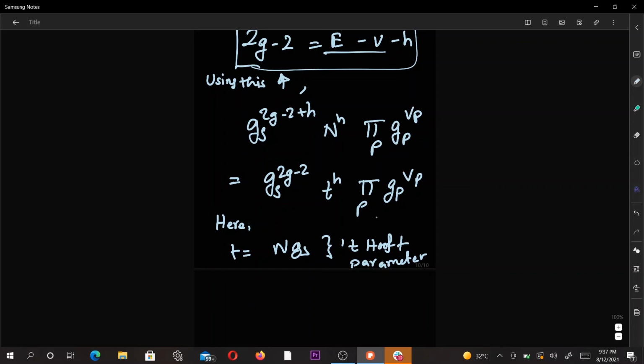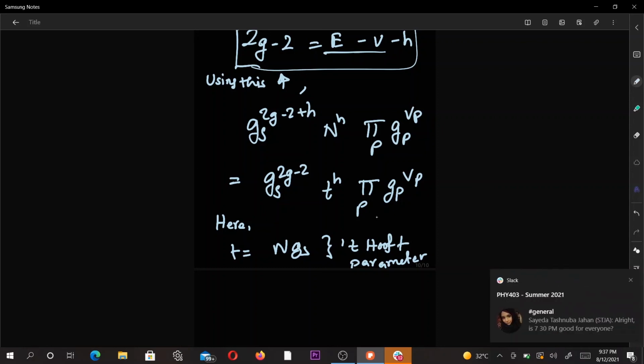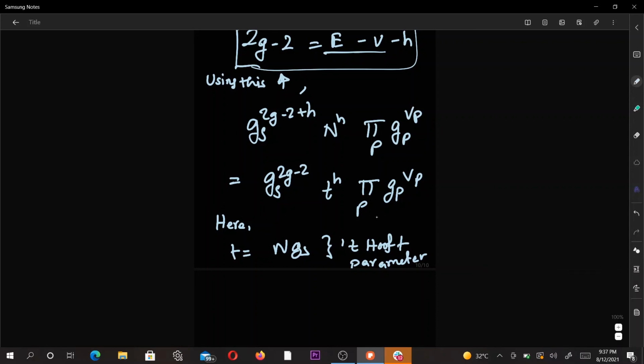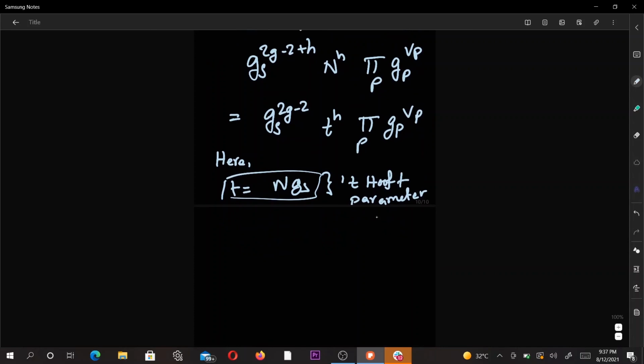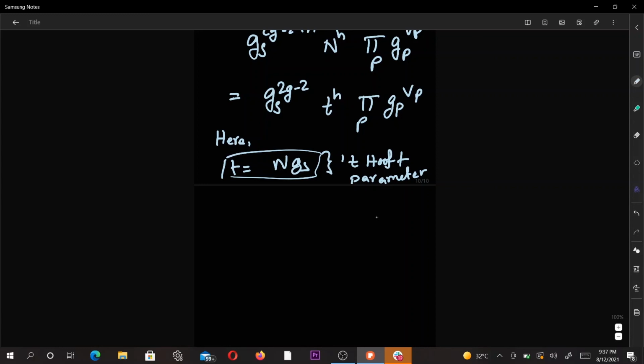In almost all cases you just write it in terms of the 't Hooft parameter, which is just N times g_s. So you consider a new parameter, and in some literature, instead of T we use lambda. So if you are reading any textbooks and you see lambda to the H, you know that's the 't Hooft parameter.